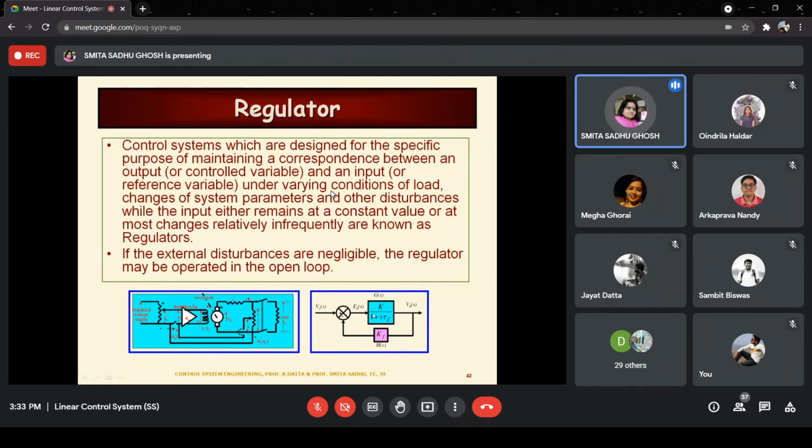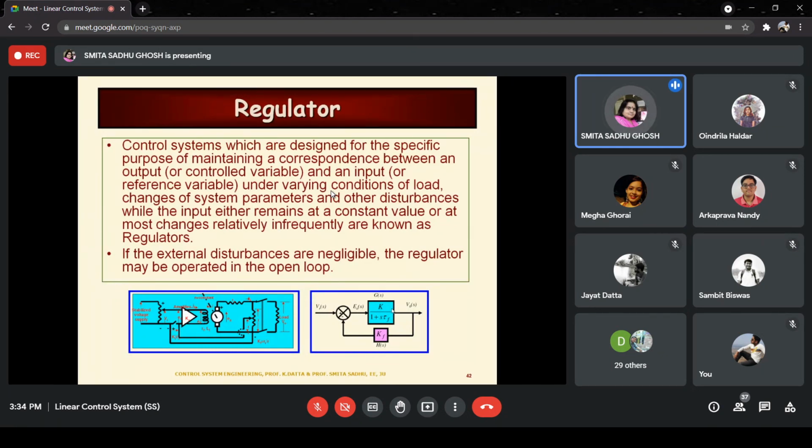If there are any changes in the output value, then the output has to be brought back to the predetermined value, sorry, preset value, meaning the value which it is supposed to be at. So the system by itself will have the dynamics such that that objective is attained.